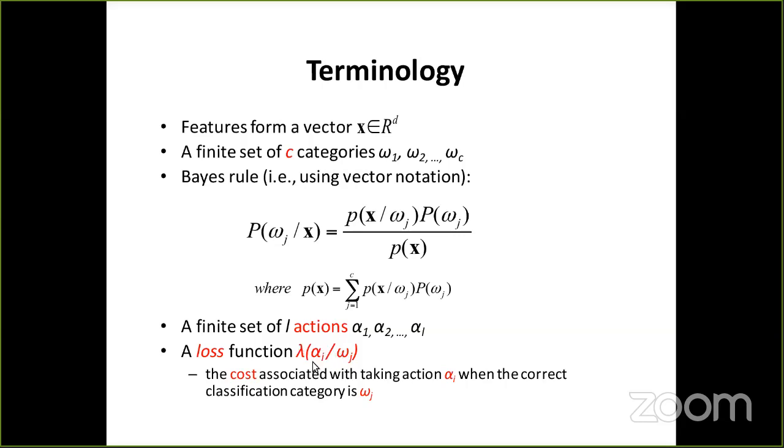So what is the loss associated with taking action i given our data is in category j? If our data is in category j and we classify it to be in category j, then ideally there should be no loss because we are categorizing it correctly. For all other classifications, there will be some cost associated with it.